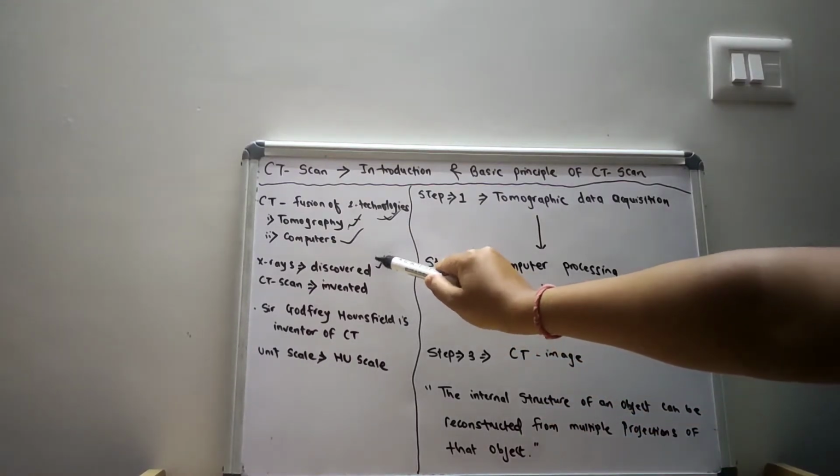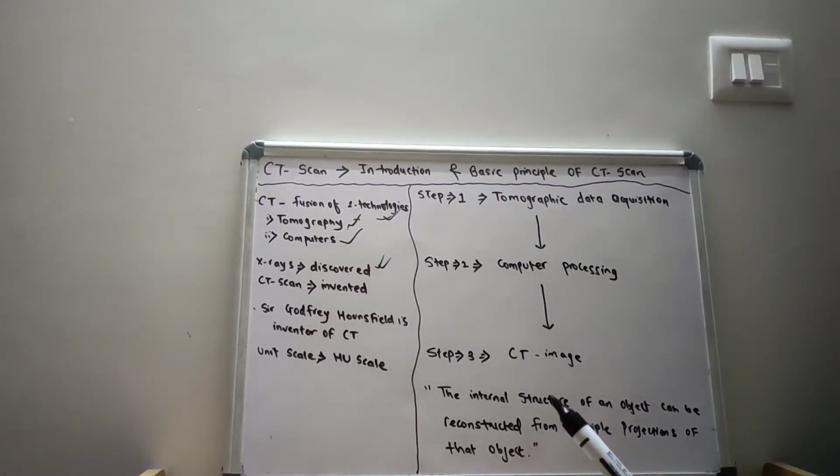We should also know that X-rays were discovered but CT scans were invented. X-rays were accidentally discovered by Sir William Roentgen. We have already discussed that in the previous X-rays topic, but CT scans were invented as a result of dedicated and prolonged effort to improve the conventional tomographic techniques over the years.